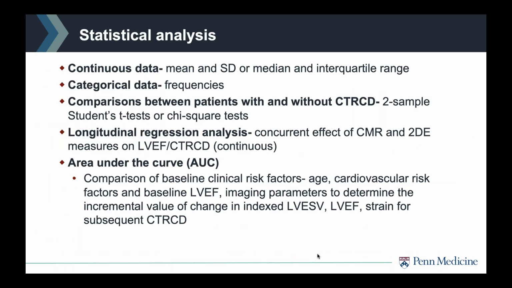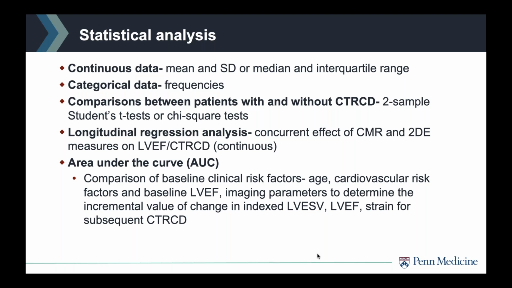For the statistical analysis used in this study, continuous data were represented as mean and standard deviation or median and interquartile range, and categorical data as frequencies. Comparison between those with and without CTRCD was done with a Student t-test or chi-square test, and a longitudinal regression analysis was used for the concurrent effect of CMR and echo measures on LVEF and CTRCD.